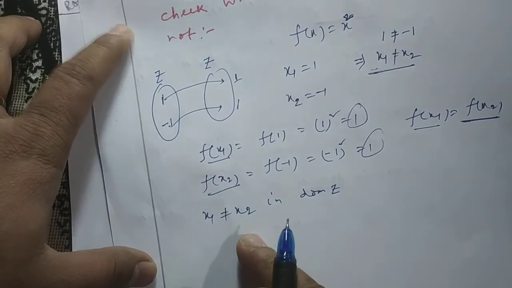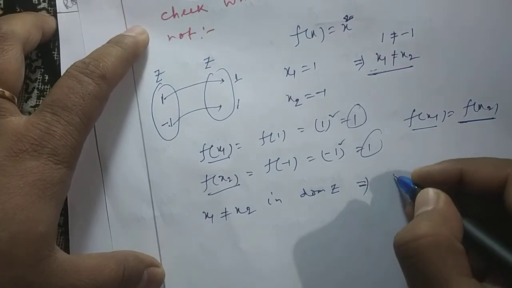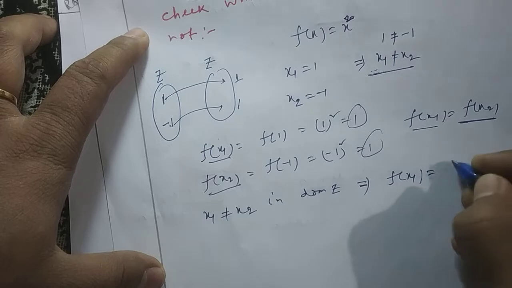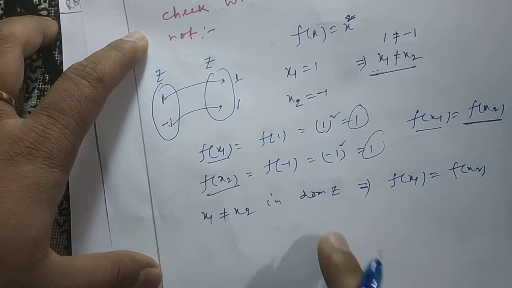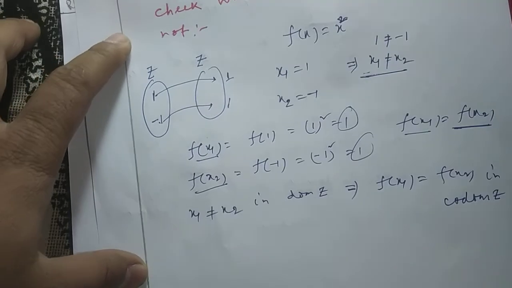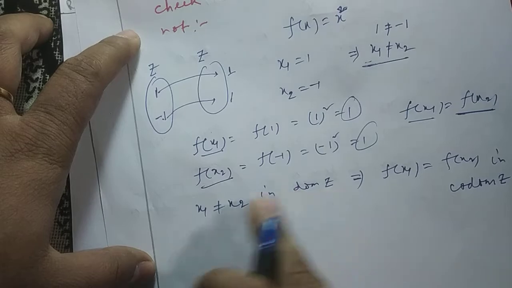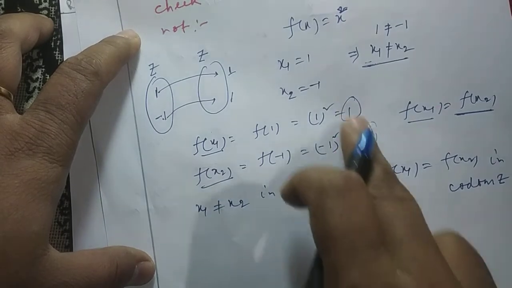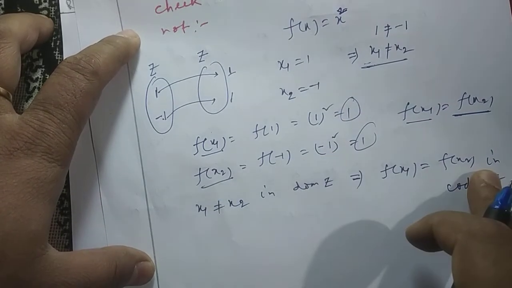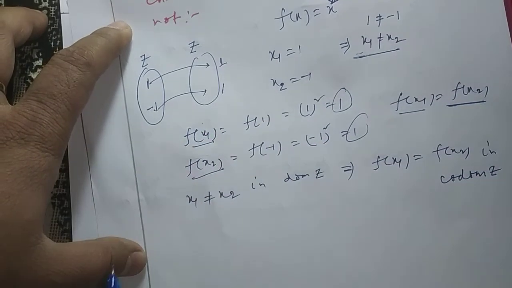So although we have chosen distinct elements in domain Z, but eventually we are getting the same images. In codomain Z, although we have chosen two distinct elements in domain Z, 1 and minus 1, eventually we are getting the same image 1 in codomain Z. Simply it is violating method 1.